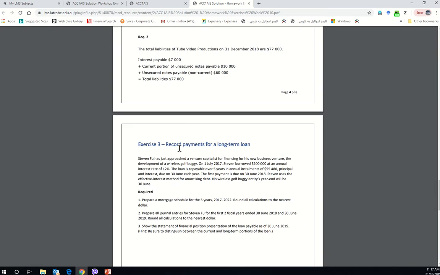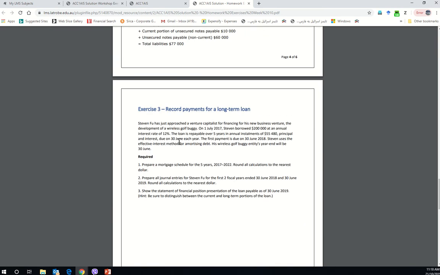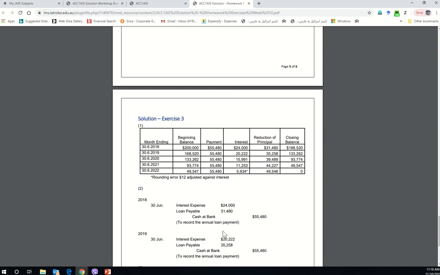And then calculation of repayments for a long-term loan. Usually when we are calculating the repayments of a long-term loan, we need to draw tables and have the beginning balance, the payments made at the end of each period, the calculation of the interest, reduction of the principal, and the closing balance for every period.